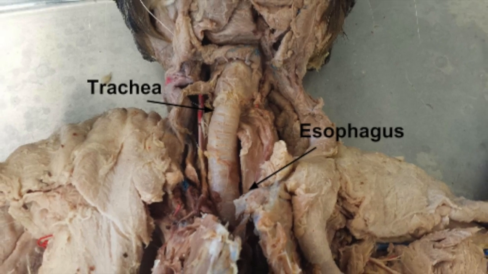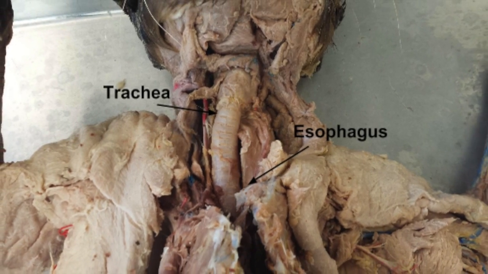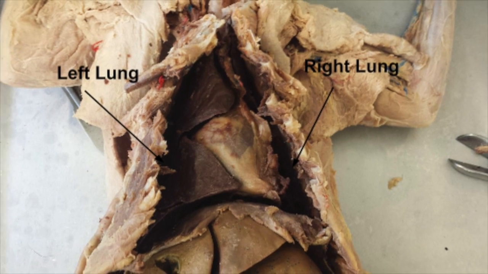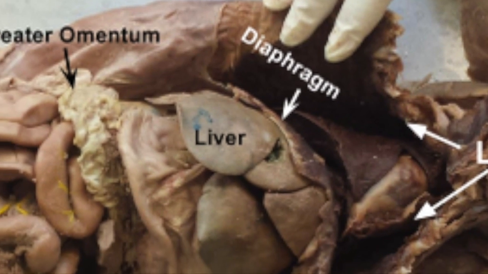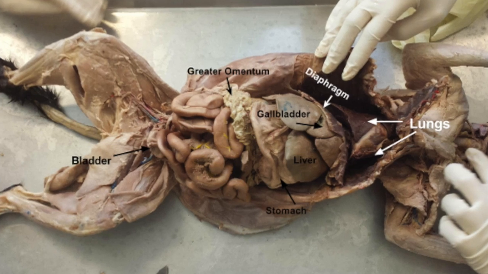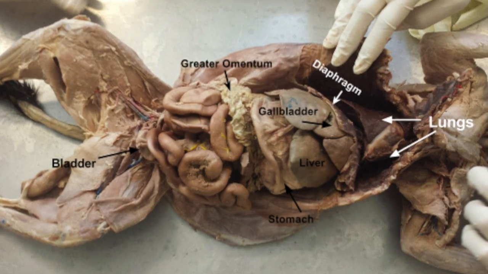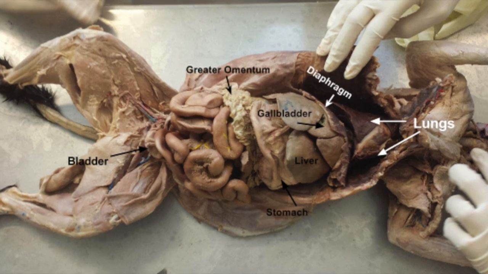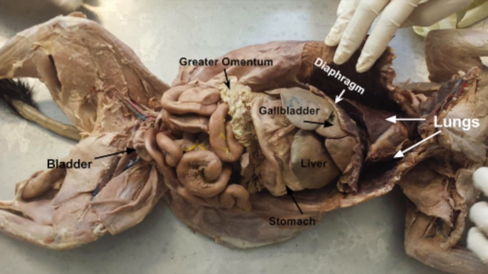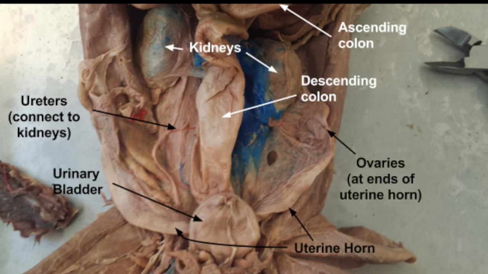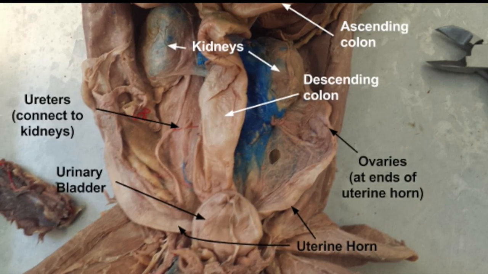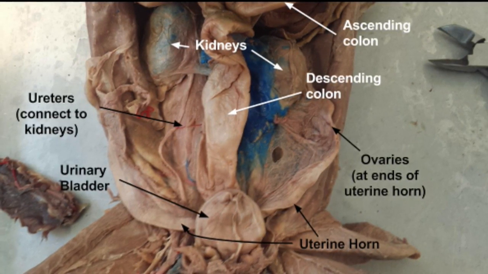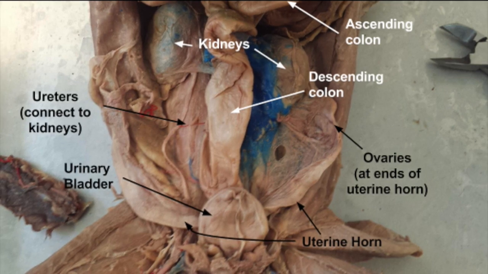Within the internal organs, we identified the esophagus, the lungs, the diaphragm, the liver, the gallbladder, the stomach, the pancreas, the greater omentum, the bladder, and the kidneys. We also had to identify the large intestines, which consisted of the ascending and descending colon.